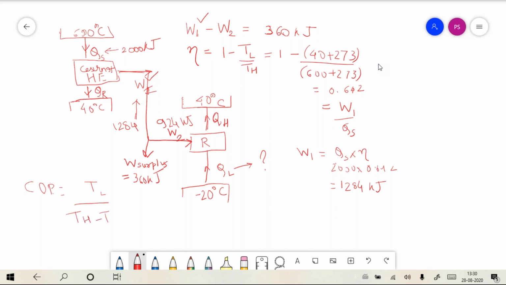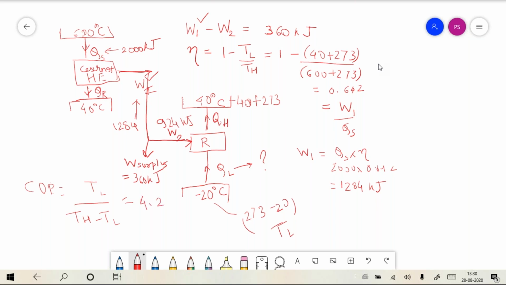Again, do not forget the Kelvin conversion. So TL is 273 minus 20, and TH is 40 plus 273. Substituting these values of TL and TH, as many of you have got, the COP comes to around 4.2.